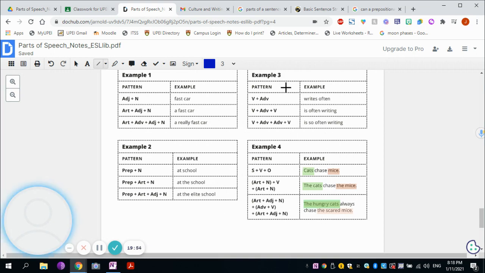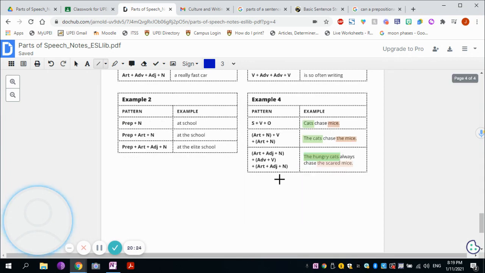In example 3, we have a pattern verb plus adjective, writes often. We can add another verb, is often writing. We can add another adverb, is so often writing. Okay? So we could make a sentence. He is so often writing that he has no time to play with his friends.